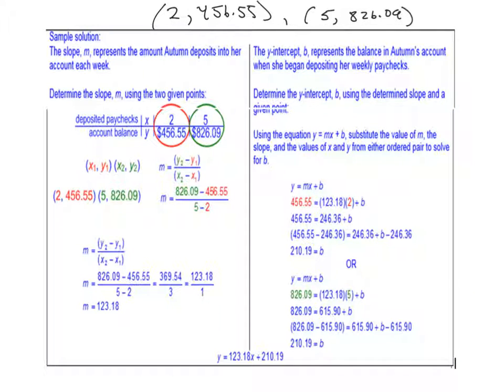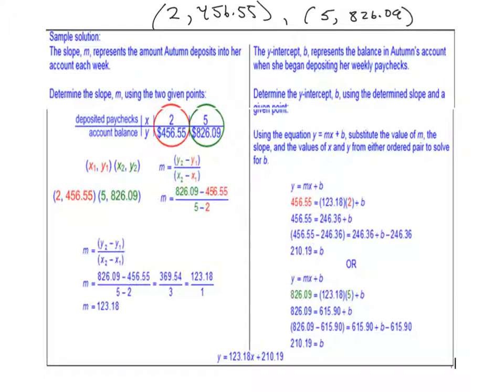So we know what the slope is, 123.18. Then we can use either one of these points, this one or this one. And the author chose to do 2. We could have used 5, but 2 seems to be the easiest one, so let's go with 2.